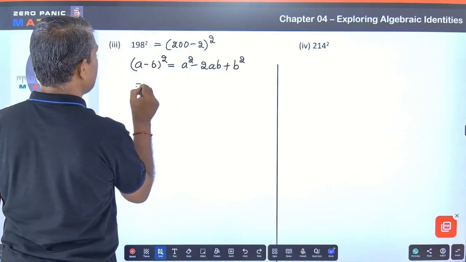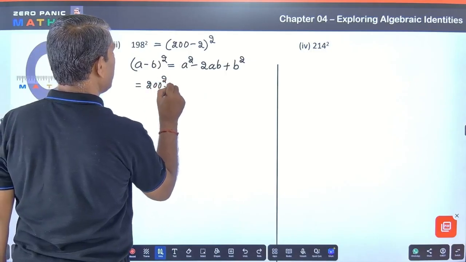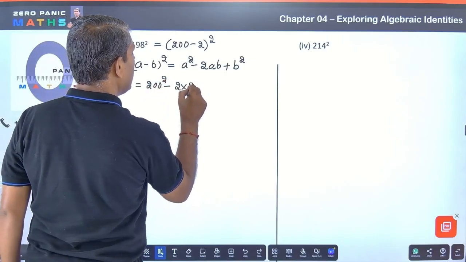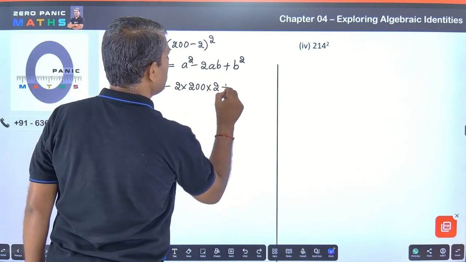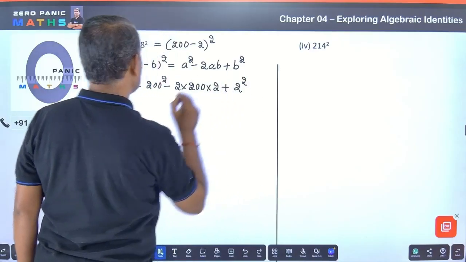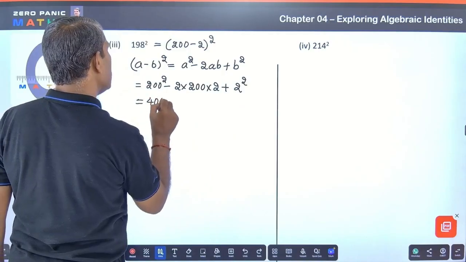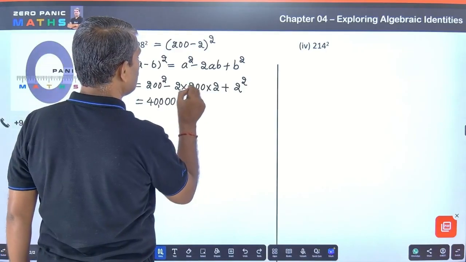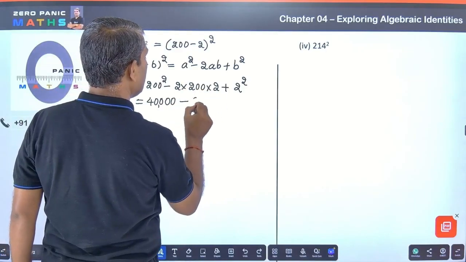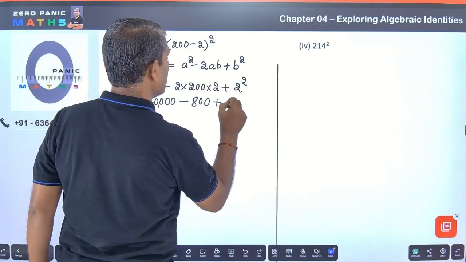So a here is 200: 200 square minus 2ab, where a is 200 and b is 2, and plus 2 square, that will be 4 later. 2 twos are 4 followed by 4 zeros, that is 40,000, minus 2 twos are 4, 4 twos are 8, followed by 2 zeros, that is 800, and 4 finally.